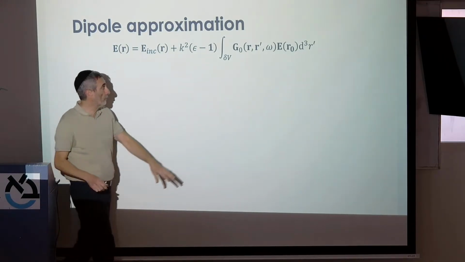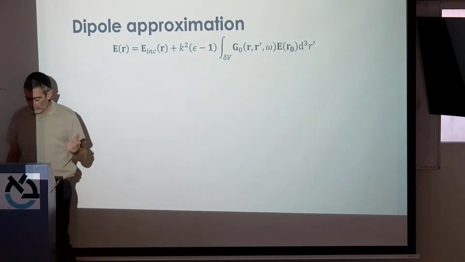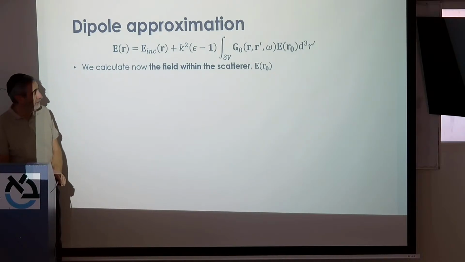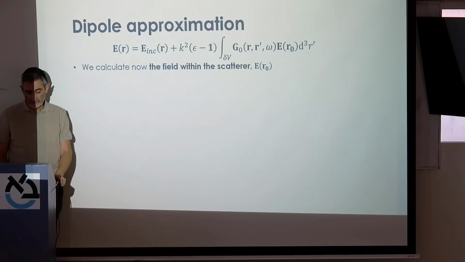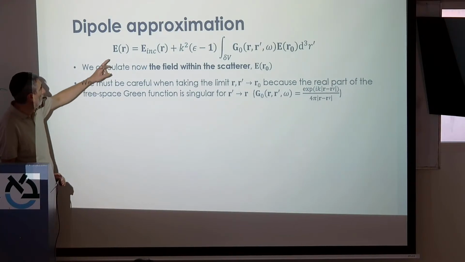And that's always the problem here, this quantity. We are going to take some risk now and calculate the field within the scatterer, E of R0. Why is that a problem? Simply because if we calculate E of R0 here, we must be careful.